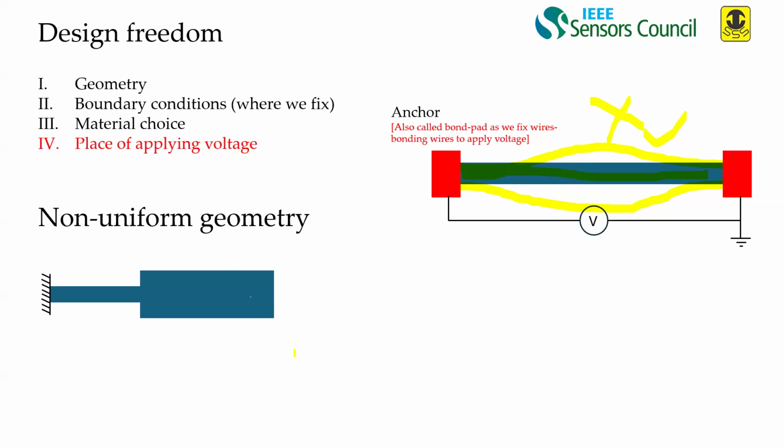Since the geometry is not uniform, the heat is going to be non-uniform, right? There will be some heat here and a different heating here, right?